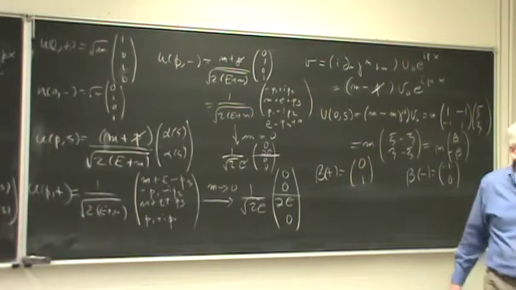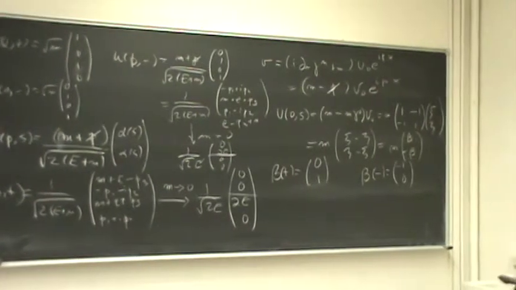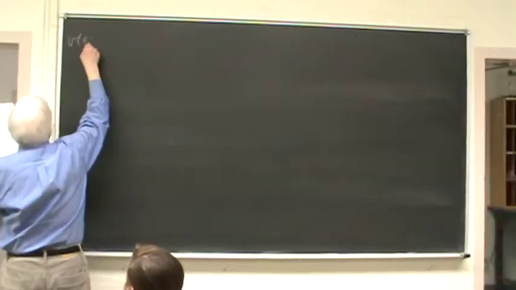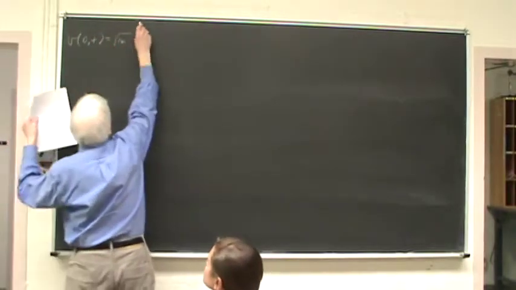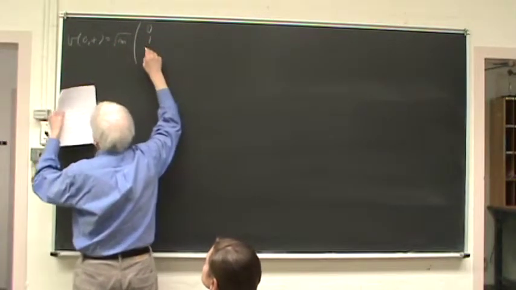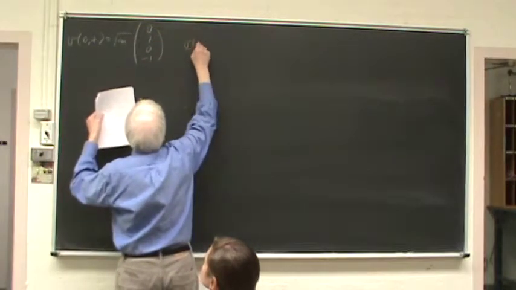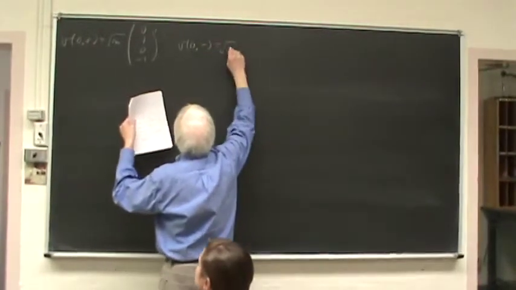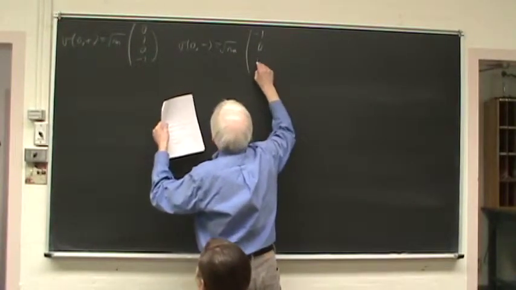And so this is different. I mean, Schwartz just, I'm afraid, got it wrong. V0 plus, the zero momentum spinor, is then square root of M times (0, 1, 0, -1), and V0 minus is square root of M times (-1, 0, 1, 0).